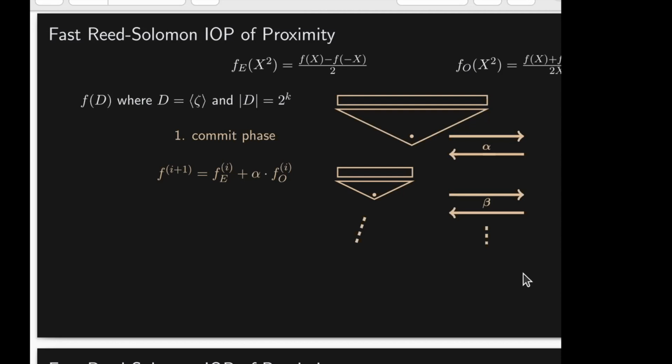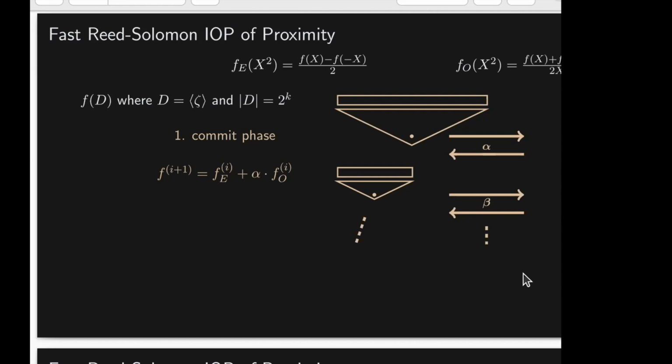That step is folding, and so we fold, compute Merkle root, get randomness, fold, compute Merkle root, get randomness, and so on, until we either have the constant polynomial or in practice we want to abort early. And so in every step, the degree of the polynomial shrinks by a factor of 2, and so you have a logarithmic number of steps needed in this protocol.